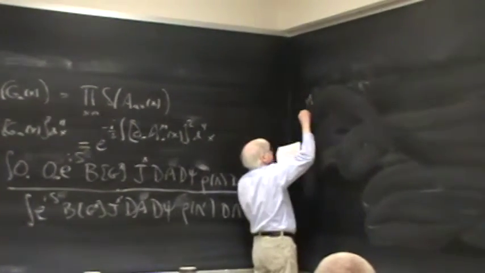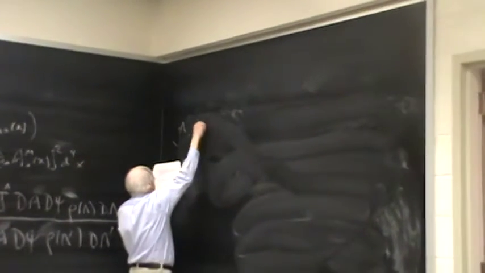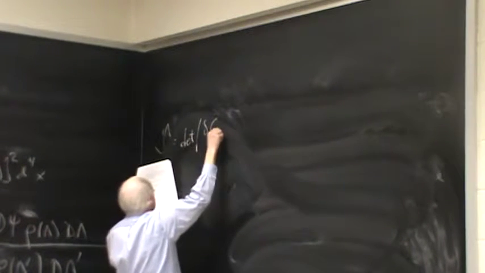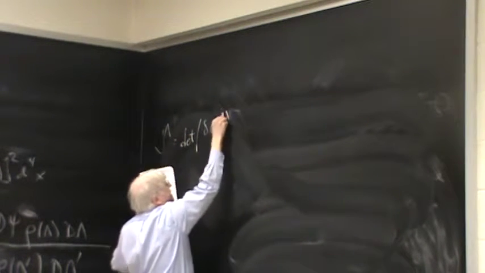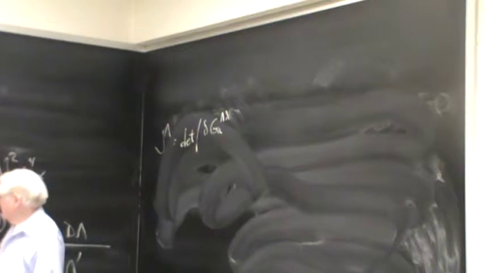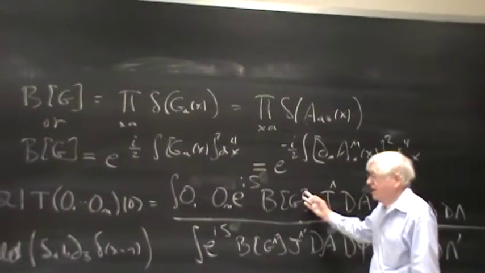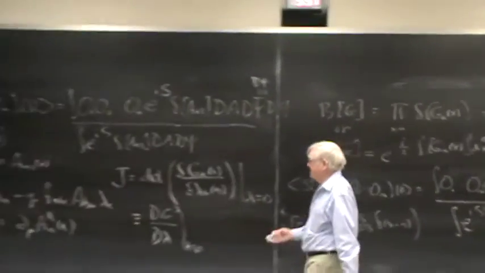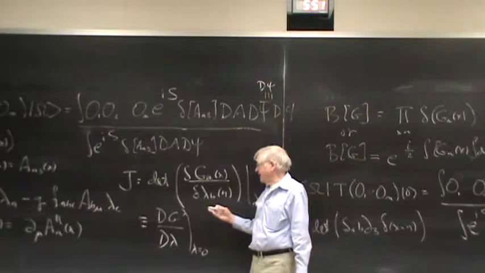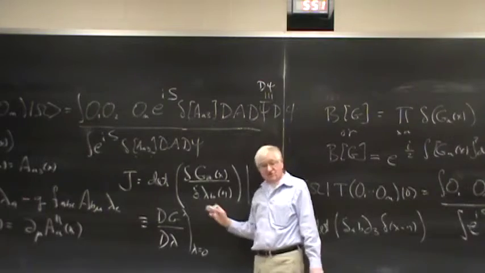Well, J lambda, this is the determinant of the partial derivative of G, A. So we're thinking of two gauge transformations. Because it's not G, it's G of lambda, and the gauge transformation, remember, is the change in G when you change lambda. So now we want to know what's the change in G lambda when you change lambda.